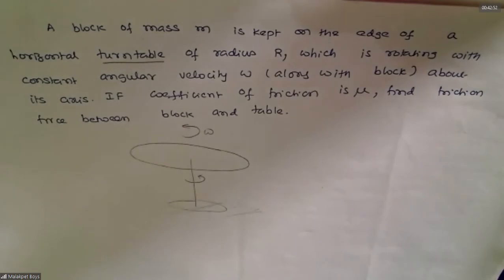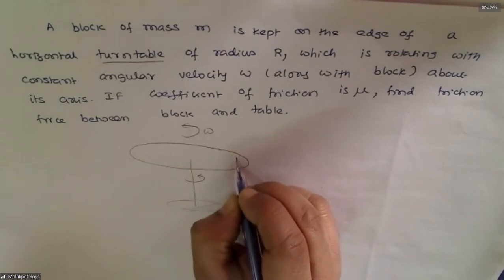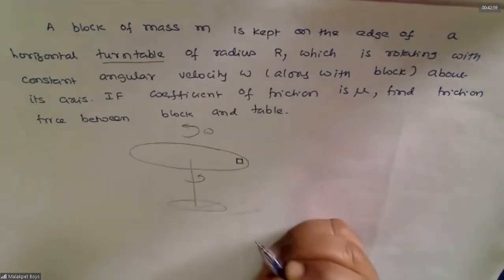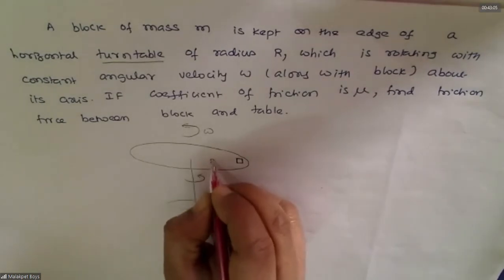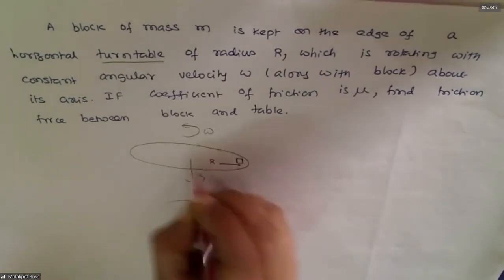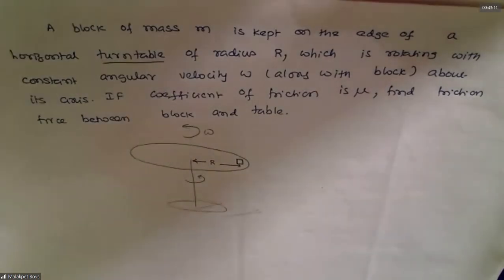What he says is there is a block placed here, at the edge of this. Now, why does it rotate?